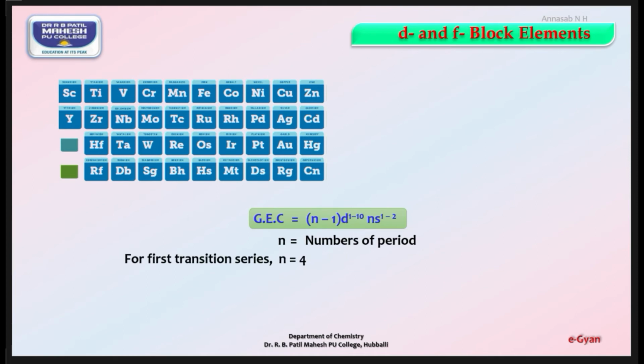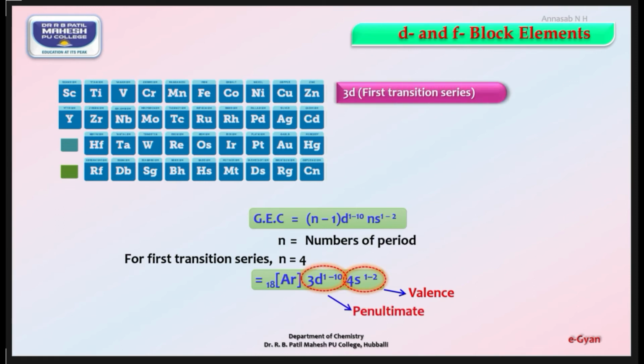For the first transition series, n is equal to 4, hence n-1 is the 3d series. For the 3d series, the general electronic configuration is argon 3d1 to 10, 4s1 to 2. So 4s is the valence shell and 3d1 to 10 is the penultimate shell.